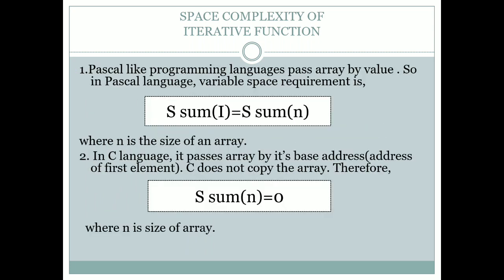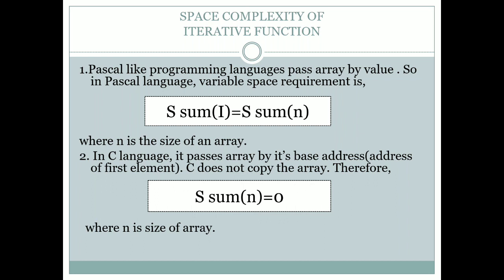For example, if we use a Pascal-like programming language, that language needs variable space for storing the array. So our space will be Sp = n, where n is the size of the array. If we take an array of size 5, our variable part will be Sp = 5.